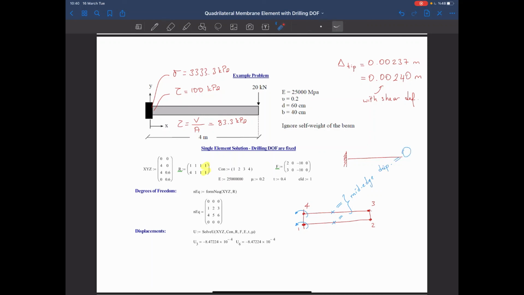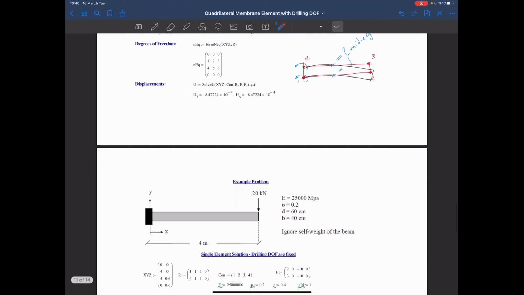So this element can only bend maybe in this form. Because of this, this midpoint is not free, and at 2 meters we see a very small displacement.